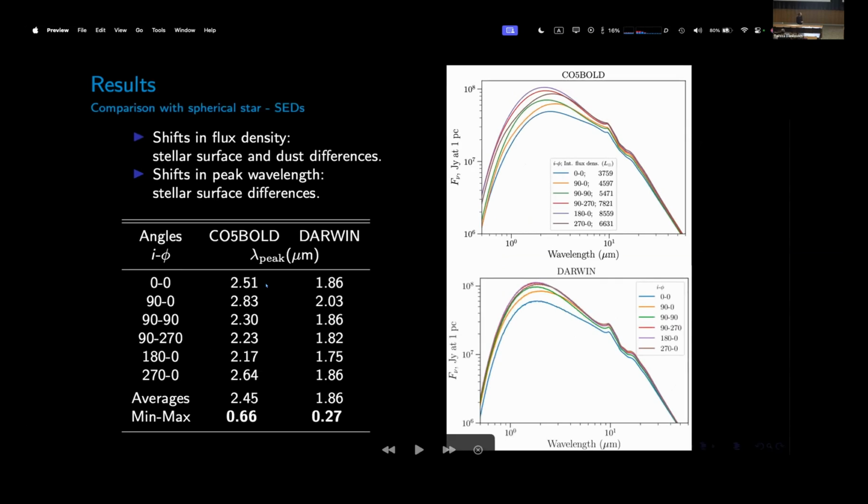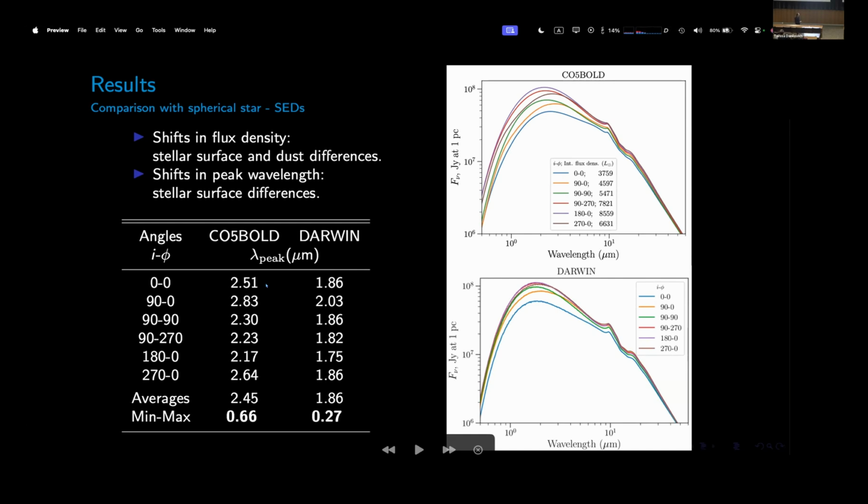If I compare it with the spherical symmetric star, but with the cobalt dust there, we see similar shifts in flux densities depending on observed angle, with some differences here. When I compare the SEDs of the same direction, but with these two different models, I get similar size differences between the same observed angles, so to say.